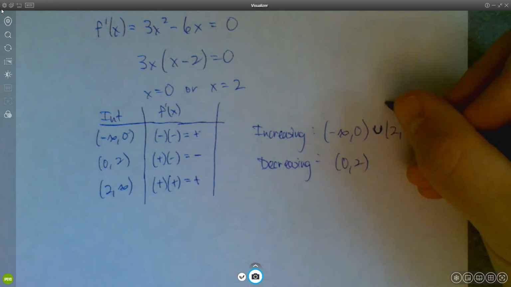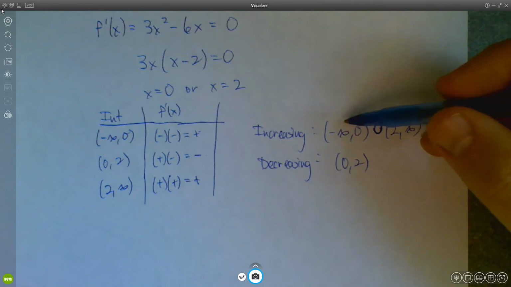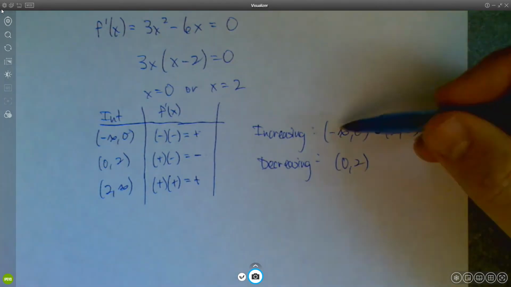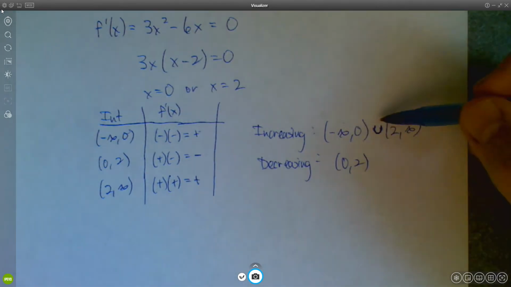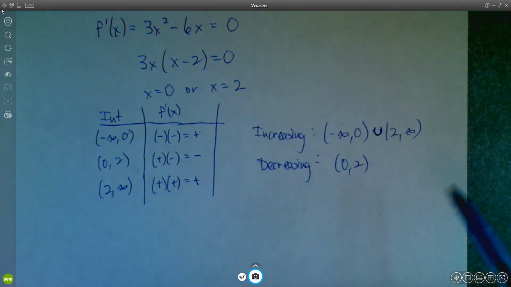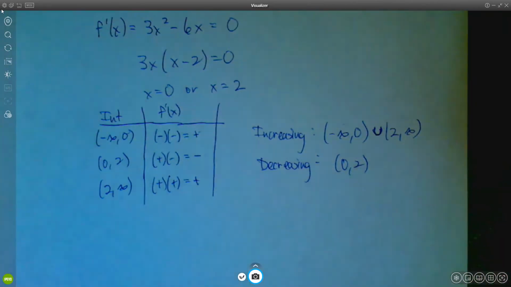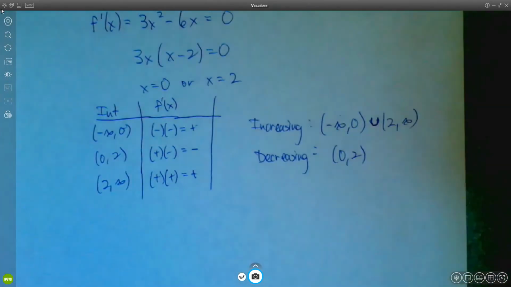If you've never seen the union symbol, this just means this set and this set, all of the solutions put together. I'm not sure if the book will even use this. It might just put a comma and say I'm increasing here and here. So that answers the first question.